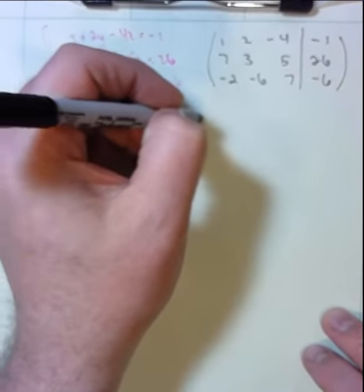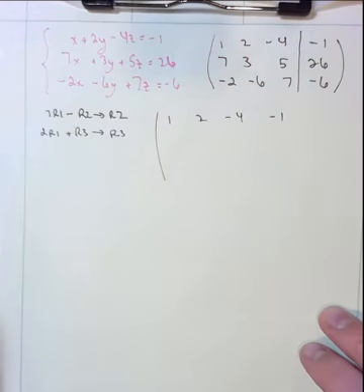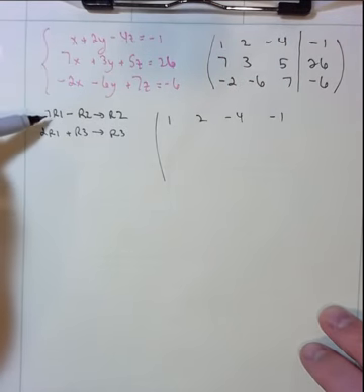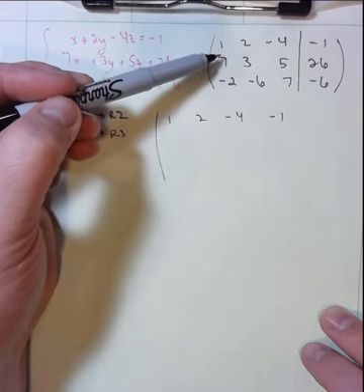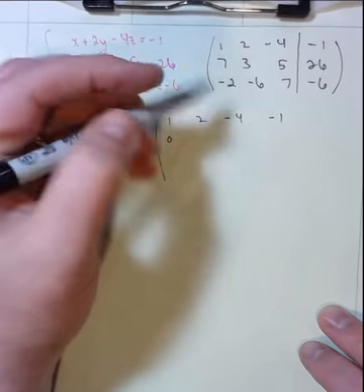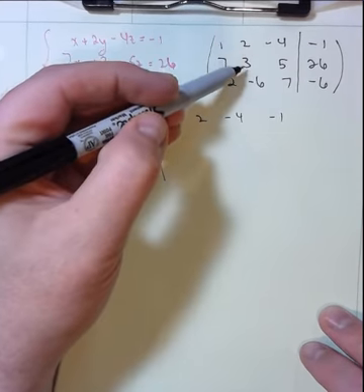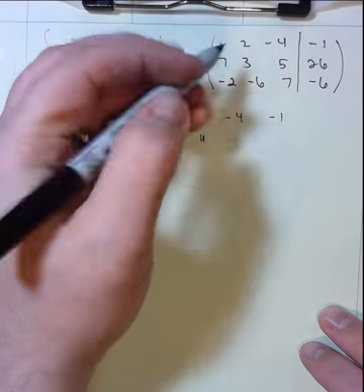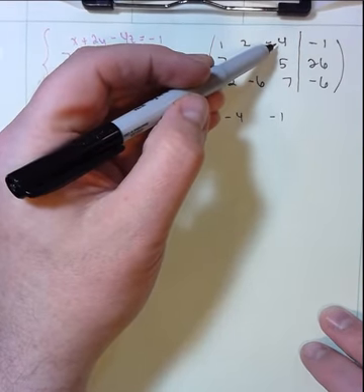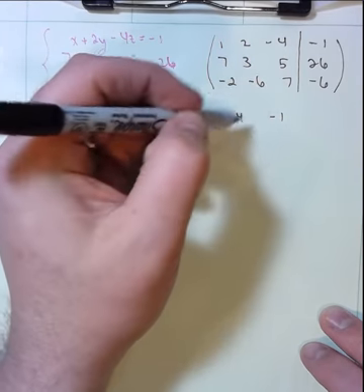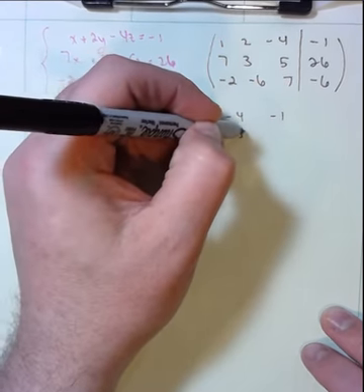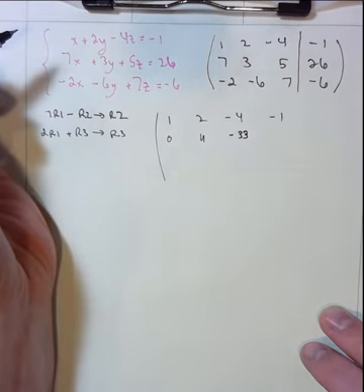So row 1 is not getting bothered. We're borrowing it when we multiply it by 7 and 2, but that's just temporary, so we don't need to replace it. So let's do 7 row 1 minus row 2, entry by entry. So 7 of those minus that gives us a 0. 7 of those, so 14, minus the 3. 7 of those, negative 28, minus 5, negative 33.